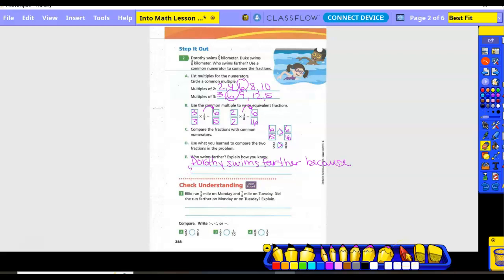Let's go back to our original fraction, right? 2/5 kilometer is longer or is greater than, let's go with our comparison symbols, is greater than 3/8 kilometer.